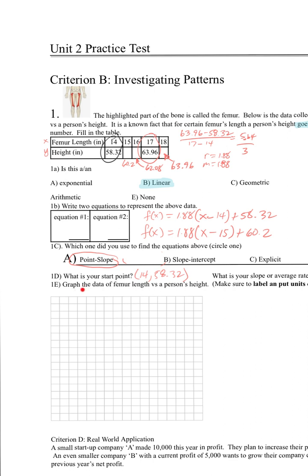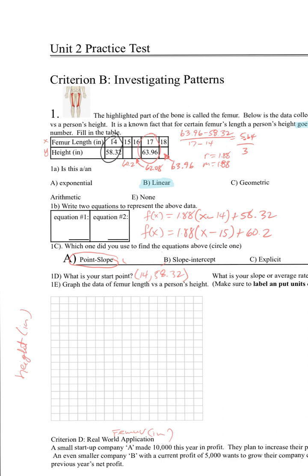Don't forget, when you're graphing, you need to label. Make sure you label the x and y axes. So let's label that. This is going to be the x, the femur, and these are in inches. And on the y side, it's going to be height, H-E-I-G-H-T, also in inches.